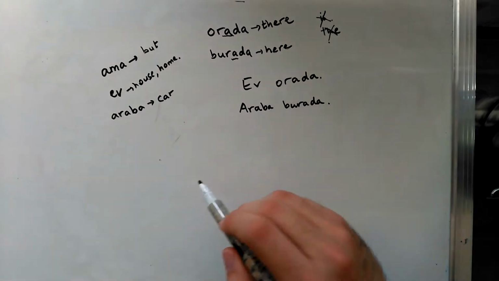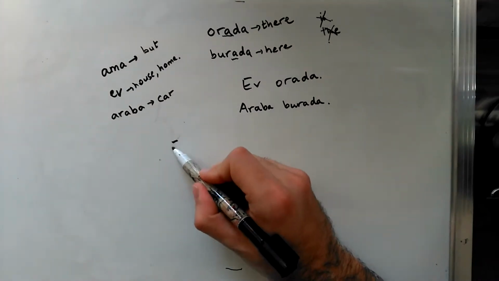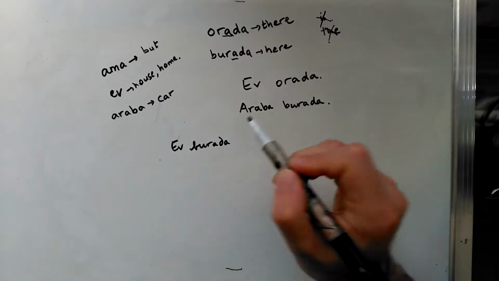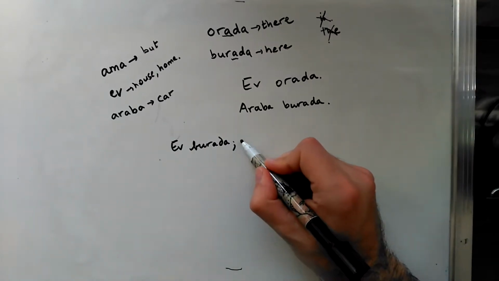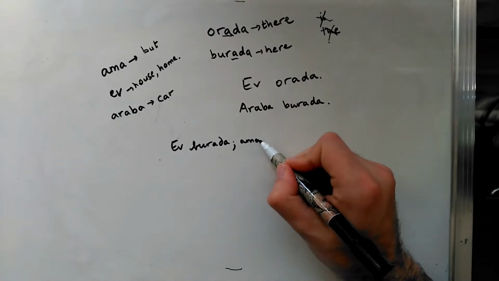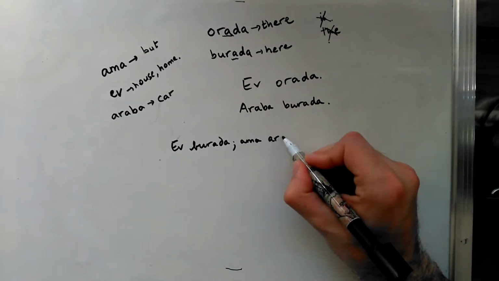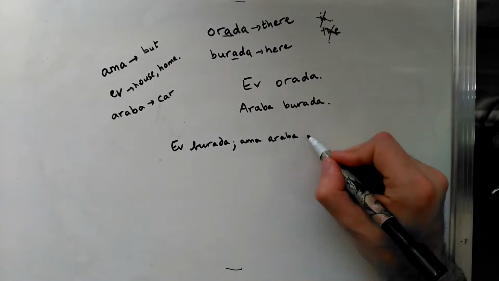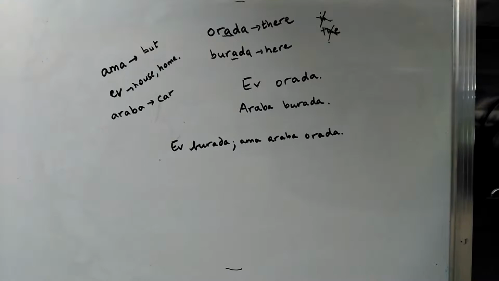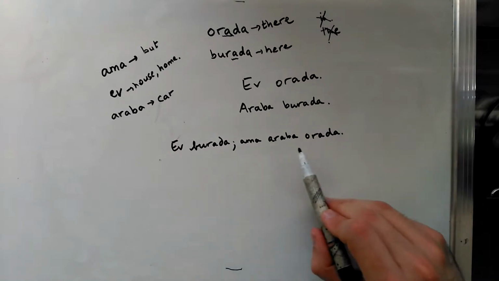I'm also reversing these. The house is here. Ev burada. But usually we put a semicolon. Ama araba, the car is there. Orada. Ev burada ama araba orada.